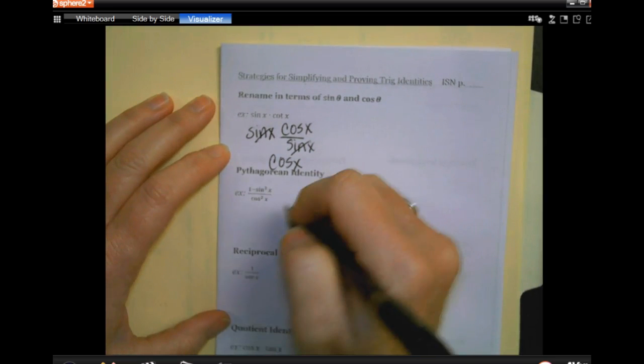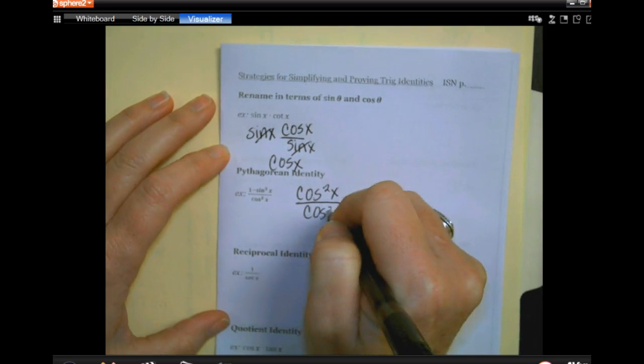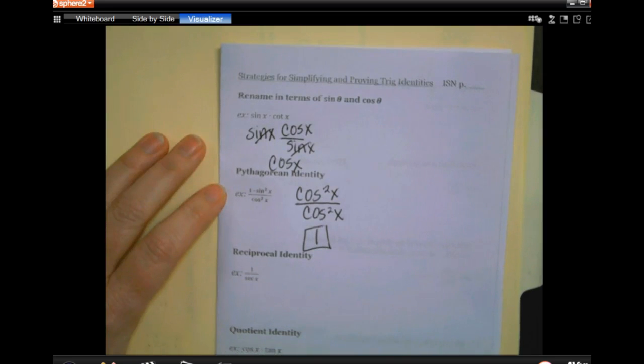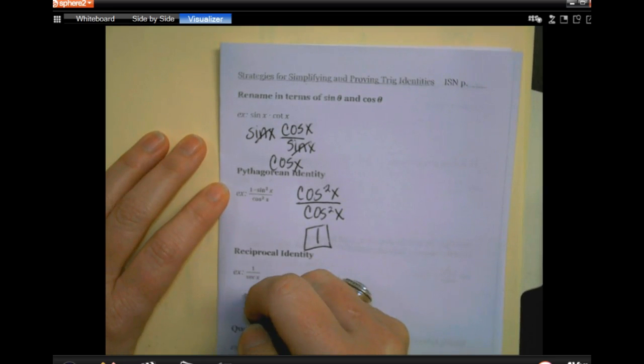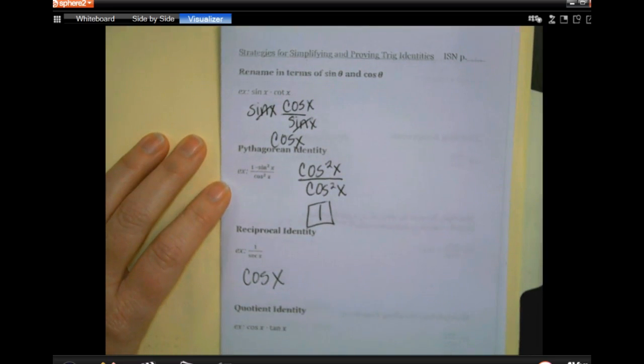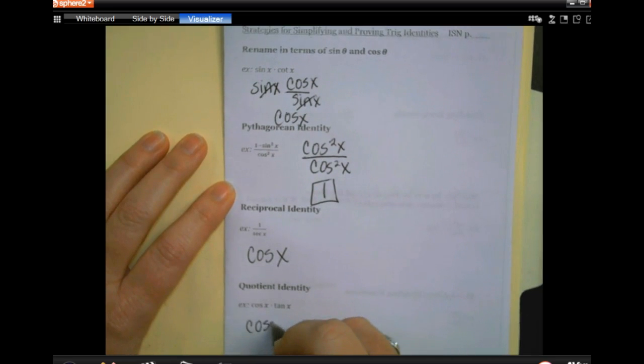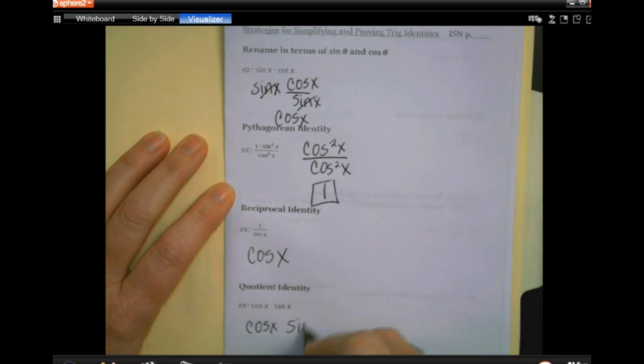1 minus sine squared, what does that equal? So it equals 1. What's 1 over secant? Just cosine. You have to get the x. So if I have cosine of x, tangent is sine over cosine.